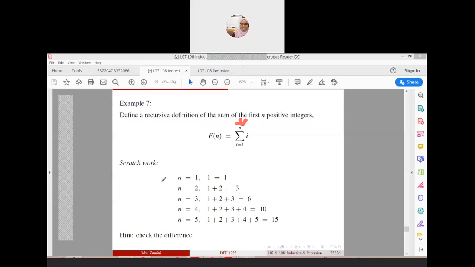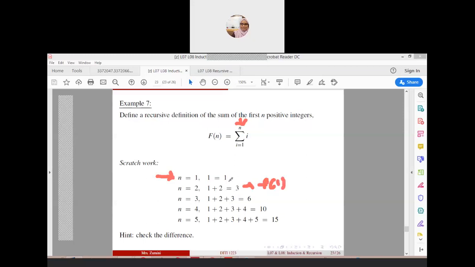Okay, first, we know that this will become our basis step, and how to find the formula for recursive here. We know that we use for n, the previous n1, which is kita guna F1. Apa beza dia dengan yang sebelum tu?